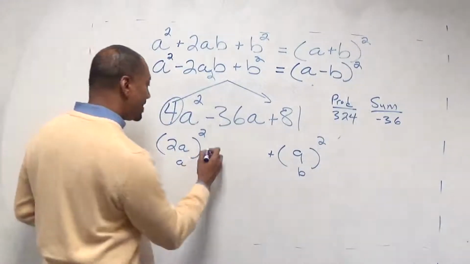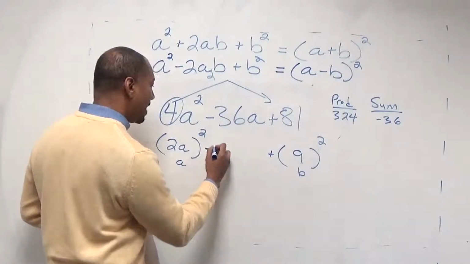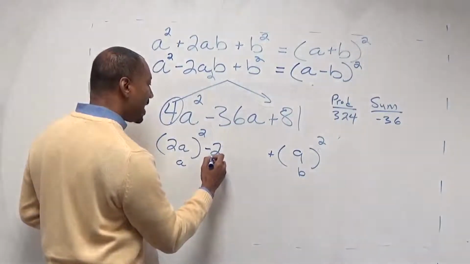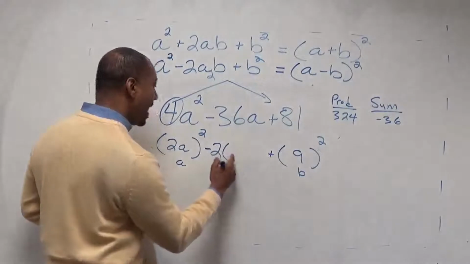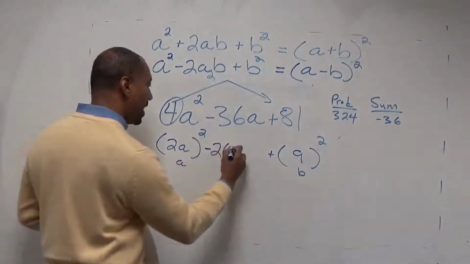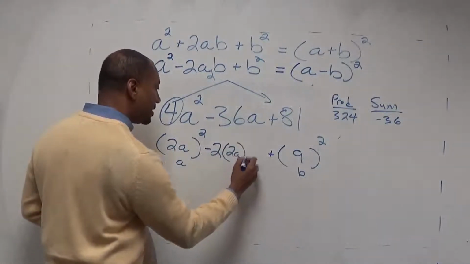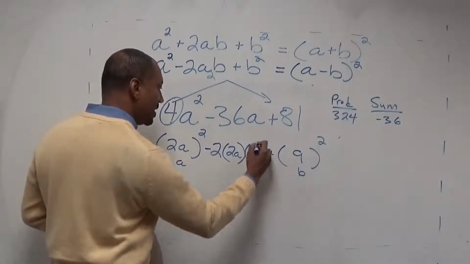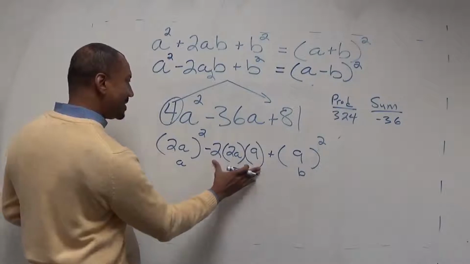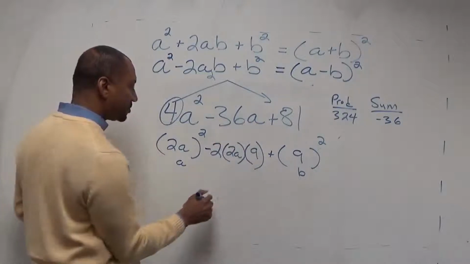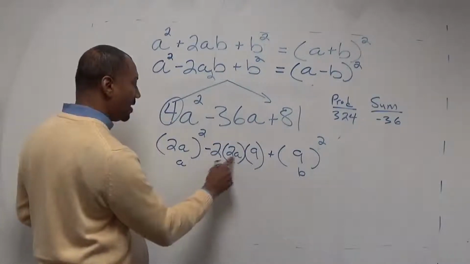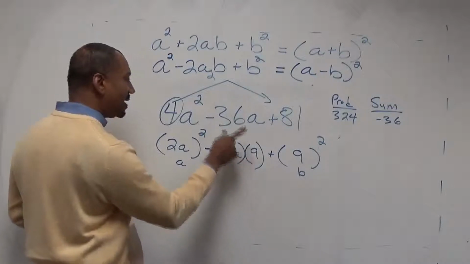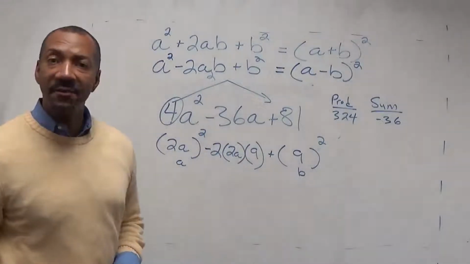My last move is to see if I take a minus 2 times ab. My a is 2a times b, which in this case is 9. Does this give me back this? Well, there's a negative 4a. Negative 4a times 9, yes, that does give me back negative 36.